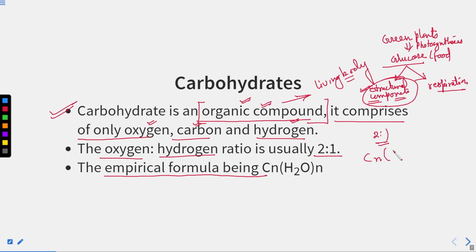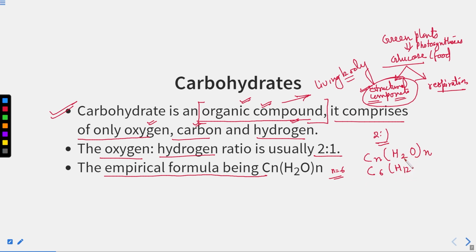So CnH2nOn. Suppose I am taking n as 6. Then what will be the formula? C6H12O6, because this n is for O also, and this n is for hydrogen also. Here it is 2, then n will be multiplied by 2, then it becomes 2n.